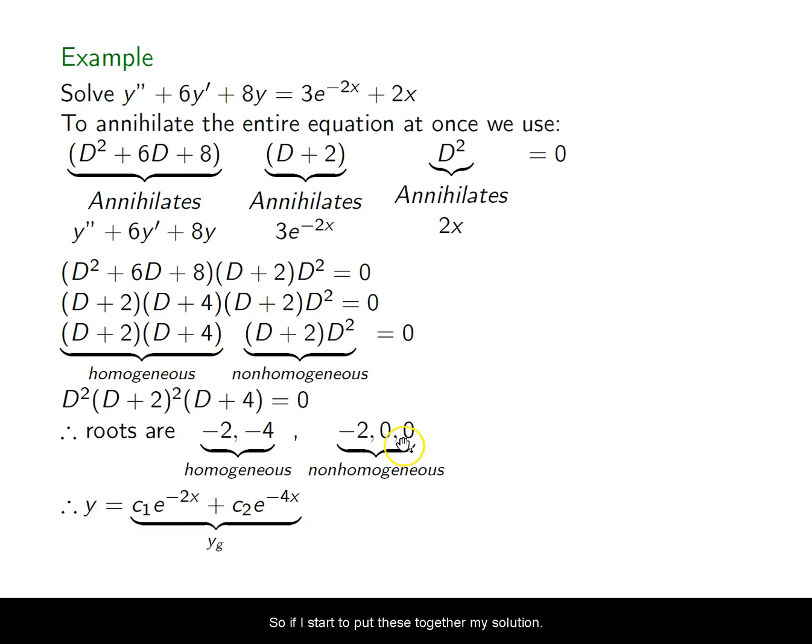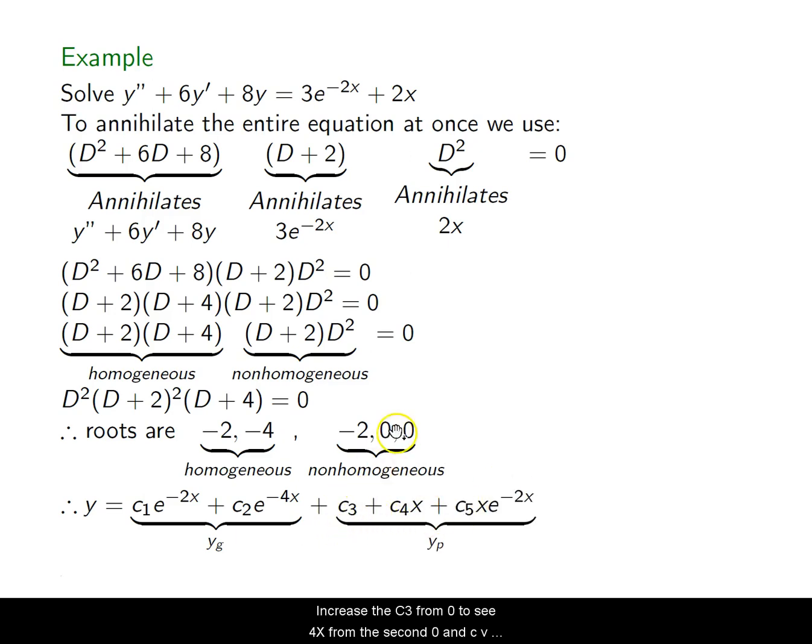If I start to put these together, my general solution for the homogeneous part is C1 e^(-2x) from this one, and C2 e^(-4x) from this one. This one will give me another e^(-2x), but it's a repeated root, so it'll be C3 x e^(-2x), and then the zeros will also increase.